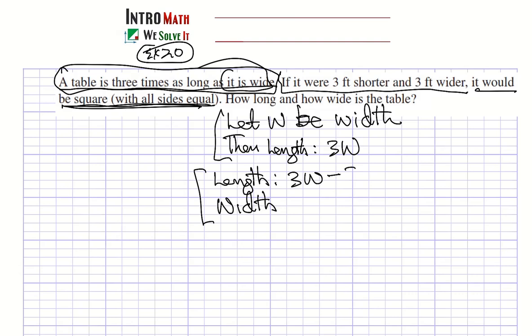Shorter means subtract 3, because 3W is the length. And then the width will be 3 feet wider. The width is right here, so it will be W plus 3. You get that, right?